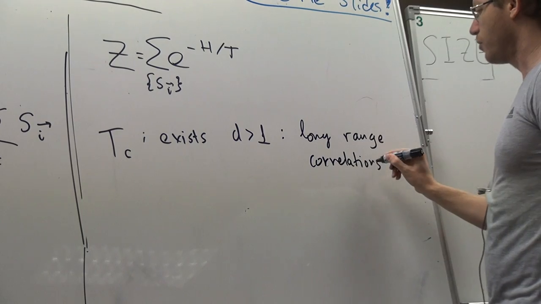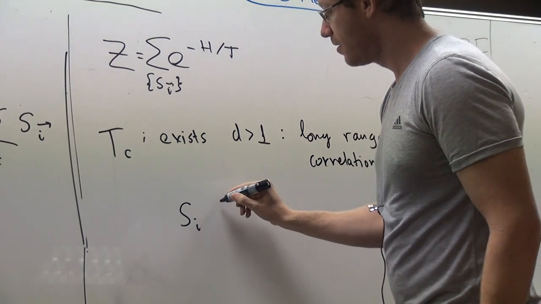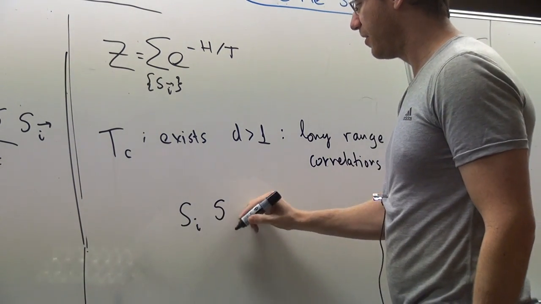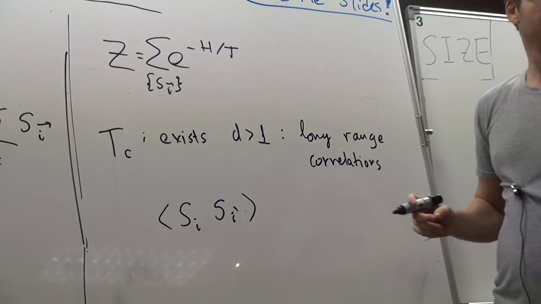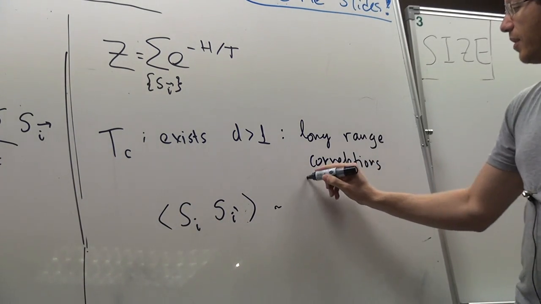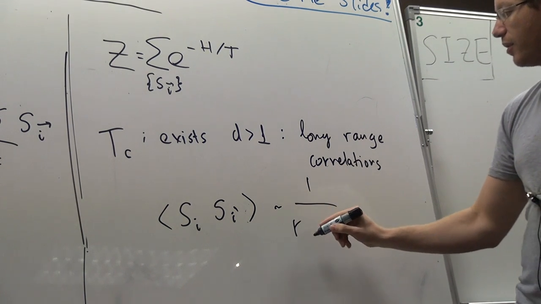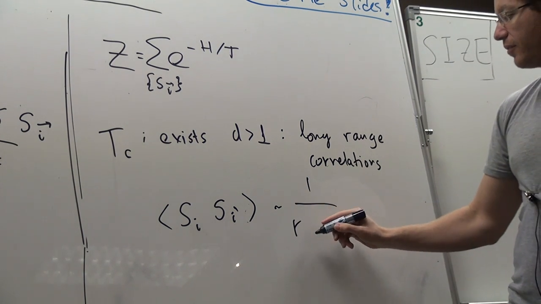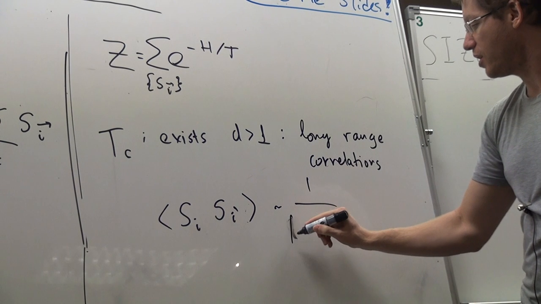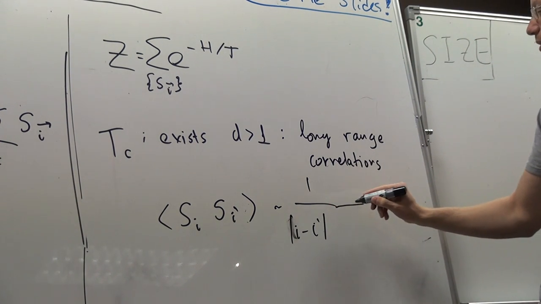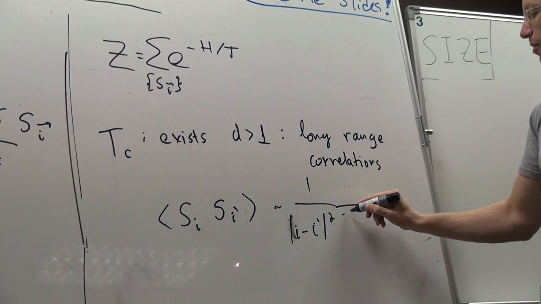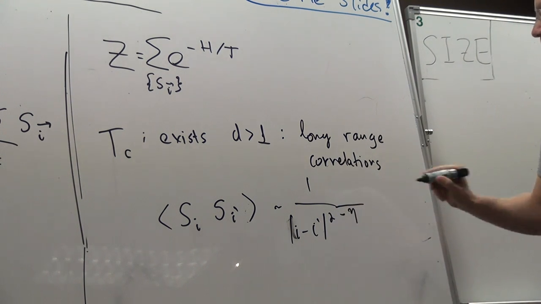For example, if you compute the correlation of the spin at some point i and the spin at some other point i prime, and they may be very far apart, you would find a power law in r, where r is the distance |i - i'|, with some exponent 2 minus eta, or so.